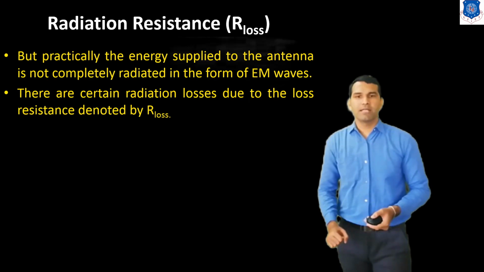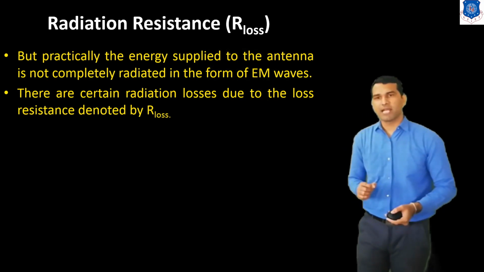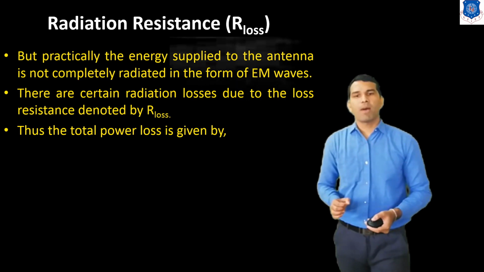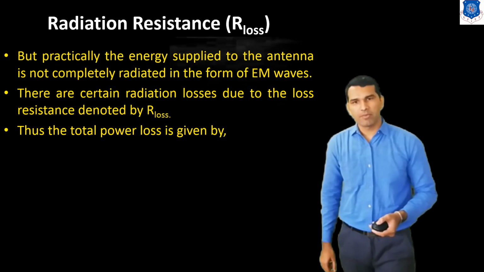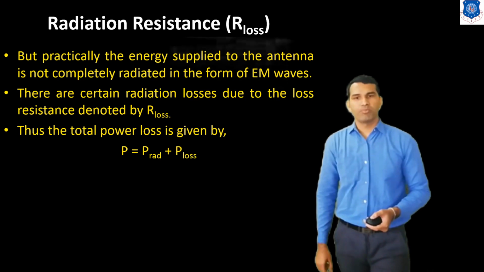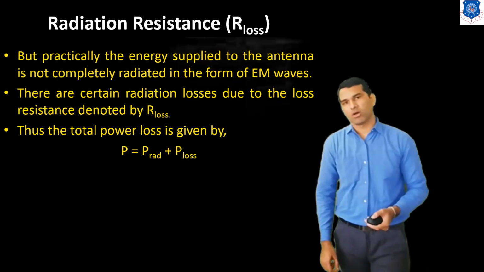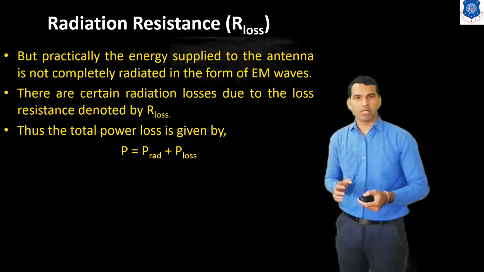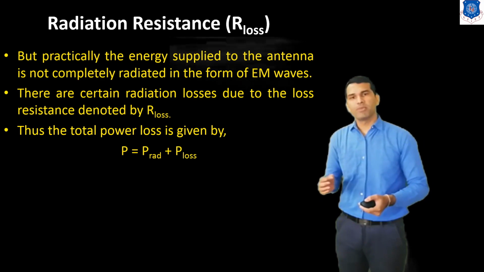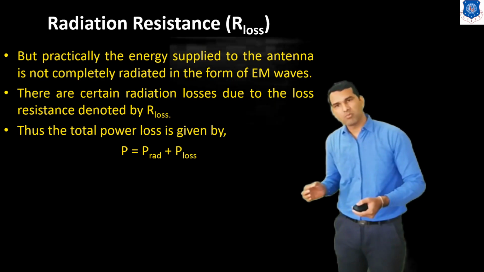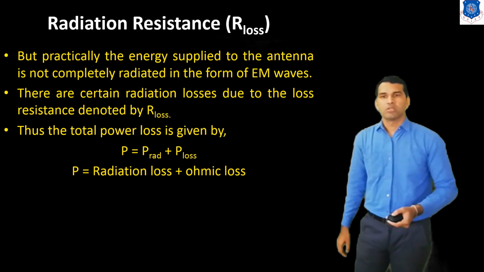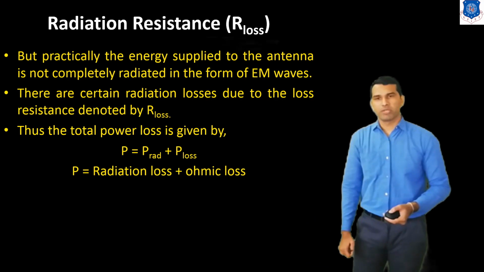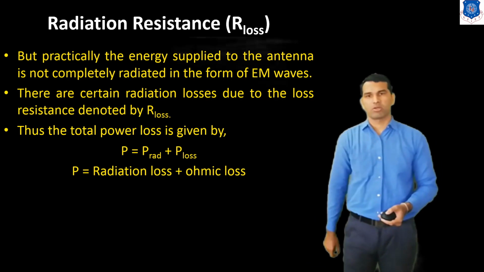There is a certain loss due to the loss resistance denoted by R loss. Thus, the total power is given by P equals P radiate plus P loss, that is, radiation loss plus ohmic loss.